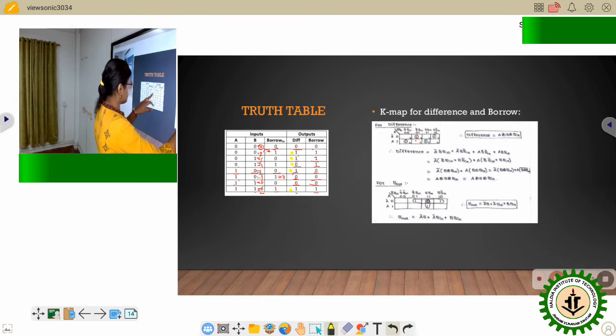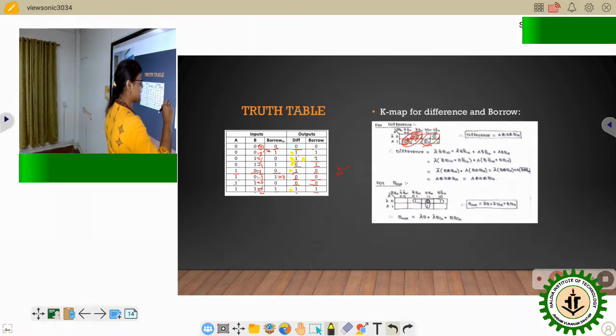But we can't unite these ones. They are single ones placed diagonally. So as the ones are placed in diagonal form, the result will be A XOR B XOR B in, meaning borrow in.